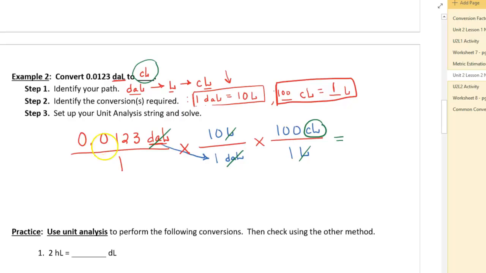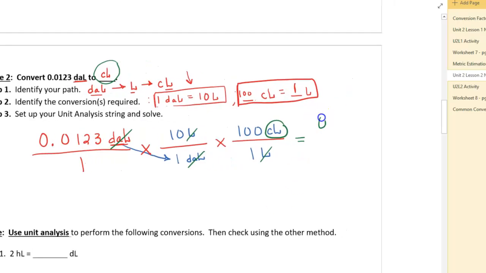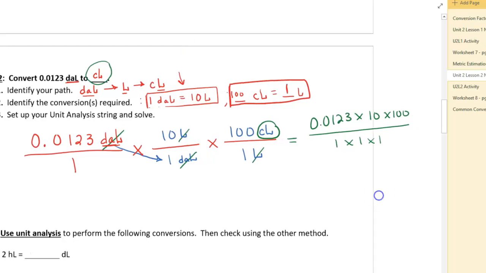This time we're going to be multiplying 0.0123 times 10 times 100, and on the bottom it's just 1 times 1 times 1, and that's centiliters. Now you can use your calculator to do this if you would like, but remember, multiplying by powers of 10 is going to move the decimal to the right the same number of zeros as you have in your powers of 10.